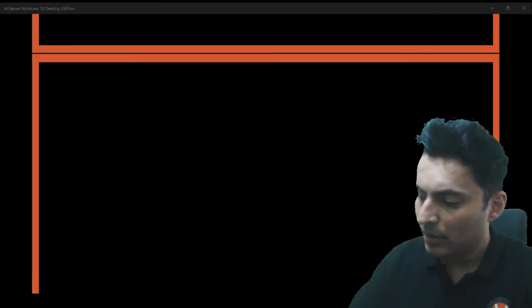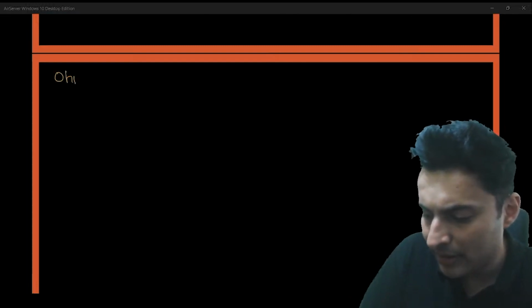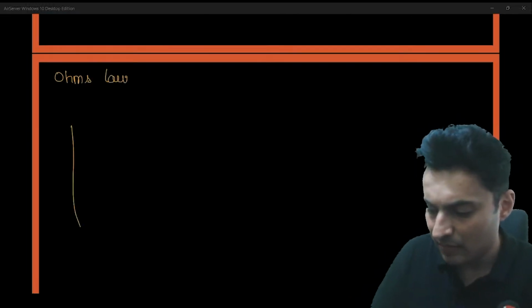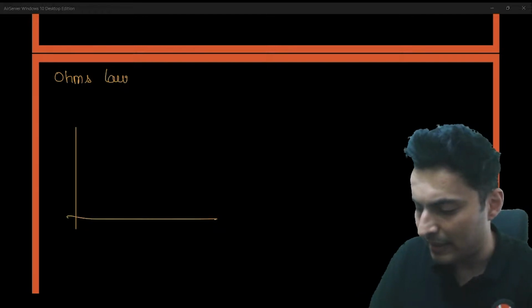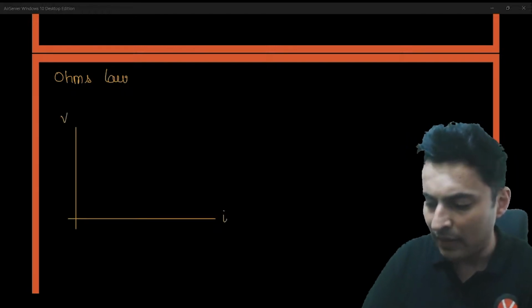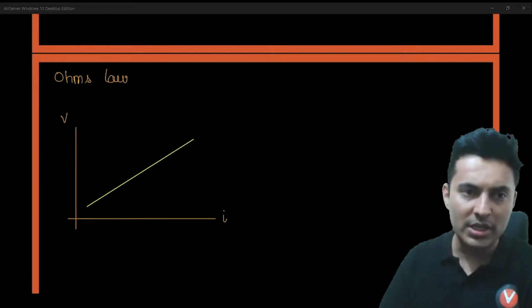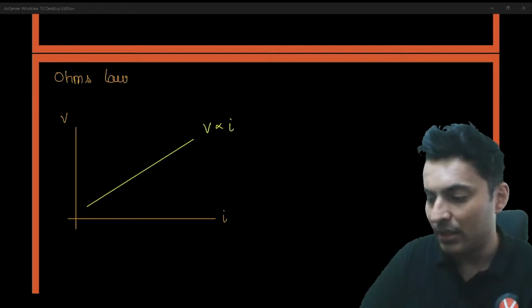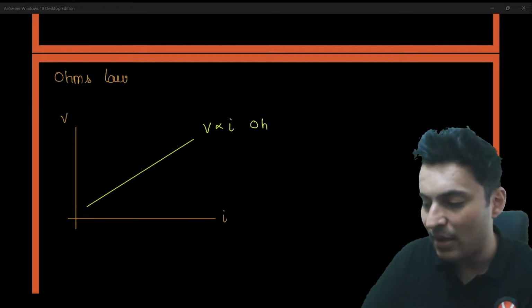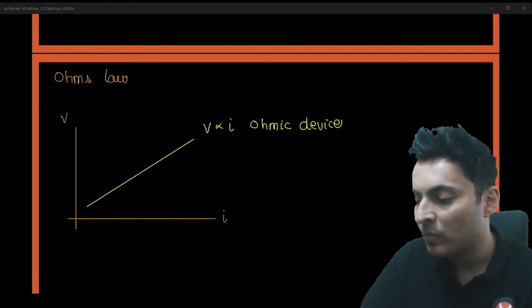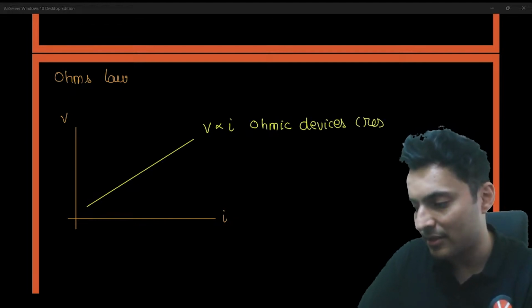In Ohm's law, the main graph is of the voltage versus the current, and we know that the voltage is directly proportional to the current. But this is only true for some devices called ohmic devices, like resistors.